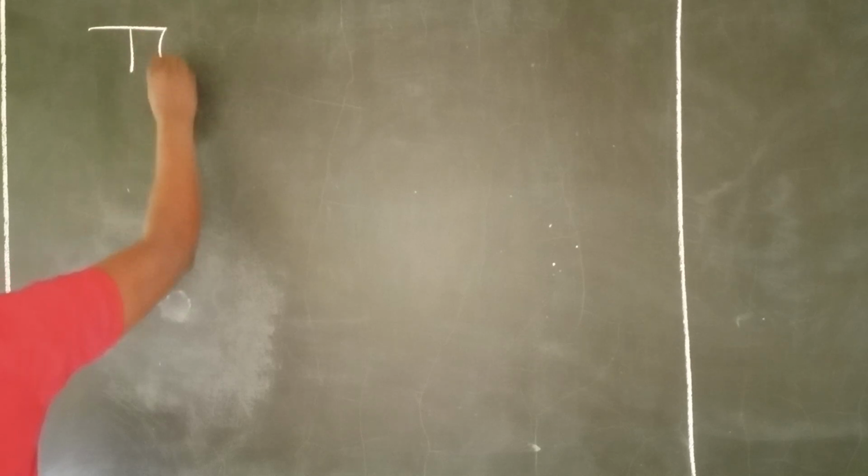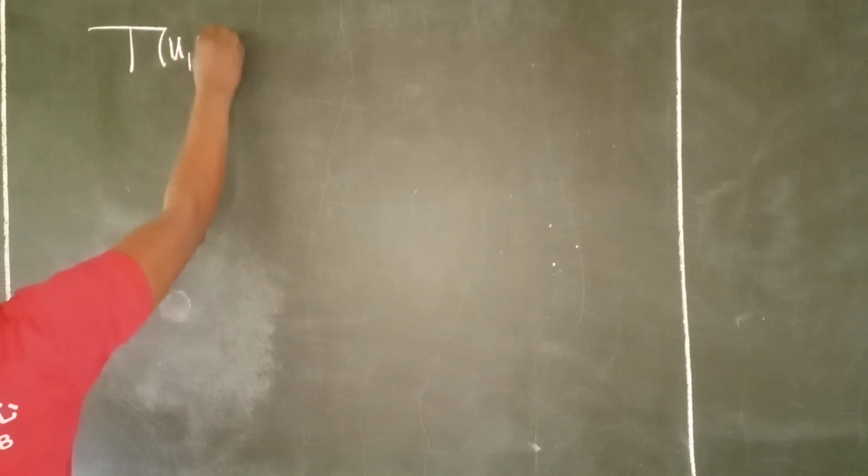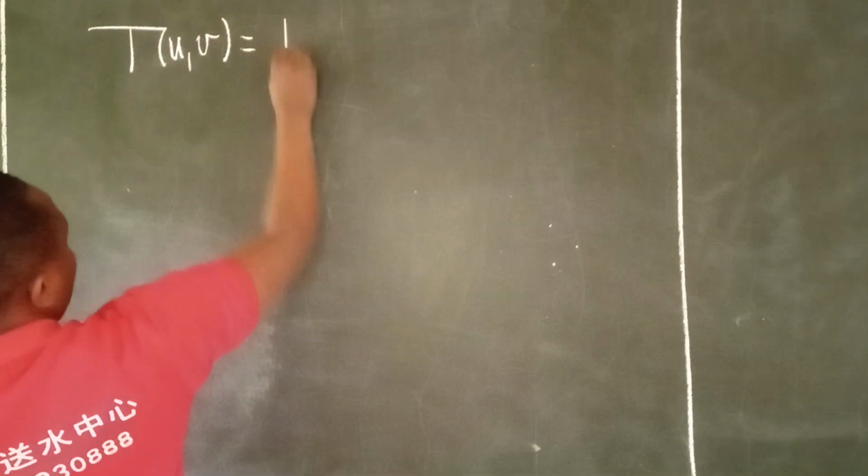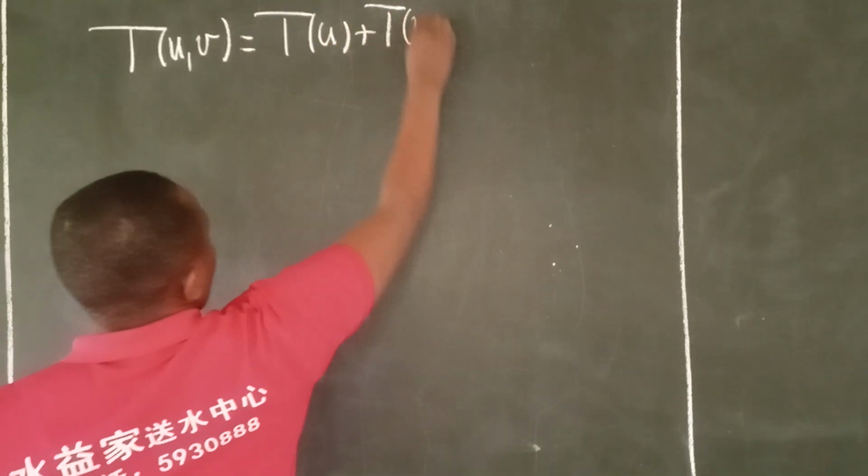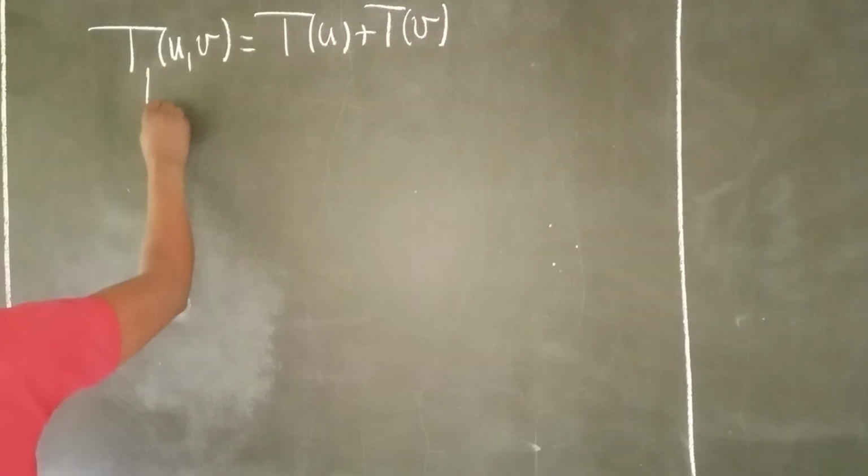Property number one is T(u + v), which is equal to T(u) + T(v).